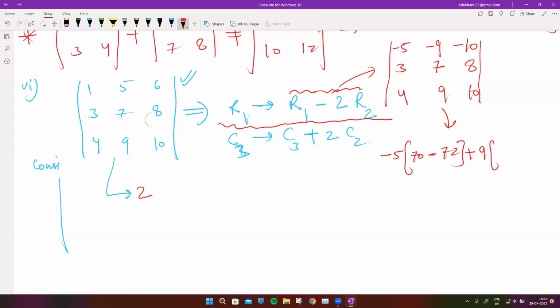Then there should be a minus sign before minus 9, so it should be plus 9. And this should be 30 minus 32. And this should be minus 10 and 27 minus 20. So it should be what? Minus 5 into minus 2 is plus 10, then minus 18, and this should be plus 10... The value is still 2.